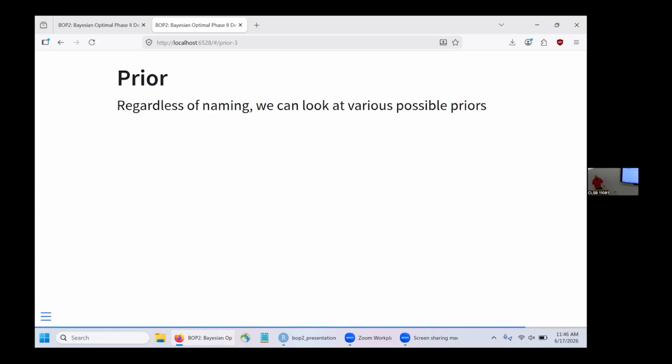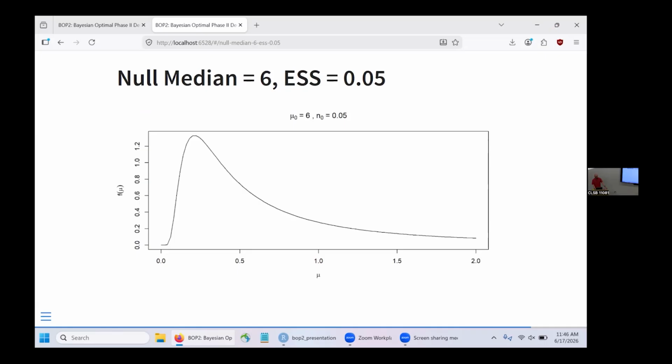But that's a minor point. Regardless of naming, we can look at various possible priors. So here we have a prior where the null median is equal to 6 and the effective sample size is equal to 0.05. This is the default. So I have mu, the x-axis, going from 0 to 2. And then you can see what this looks like.